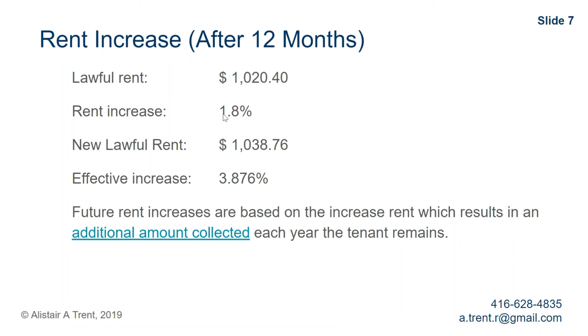At the end of the year, you can increase it by, at the time, 1.8%, which would give you a new lawful rent of $1,038.76, which works out to a rent increase of 3.876% on the $1,000 that you would otherwise have charged, as opposed to the 1.8% that would normally be applicable.